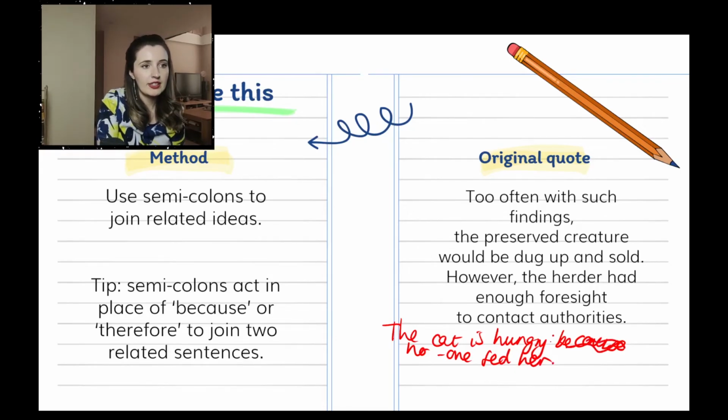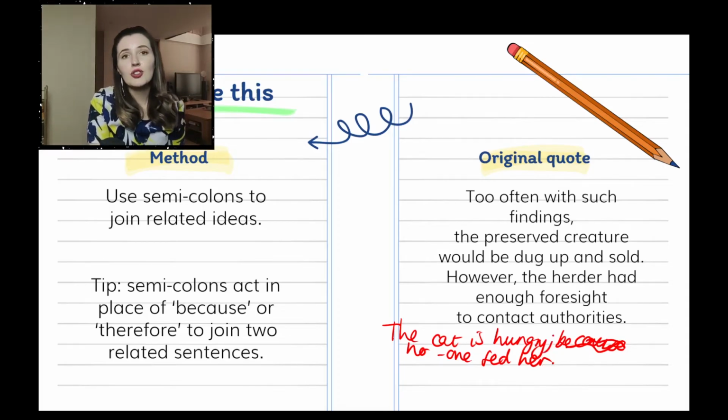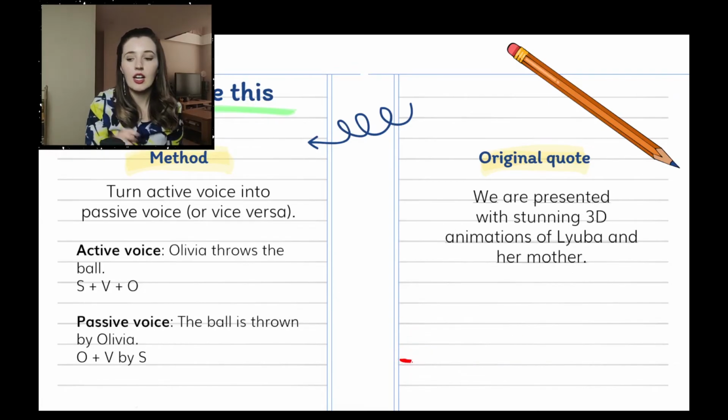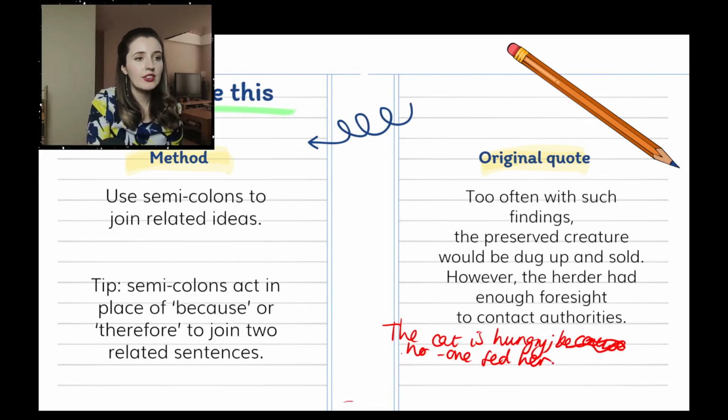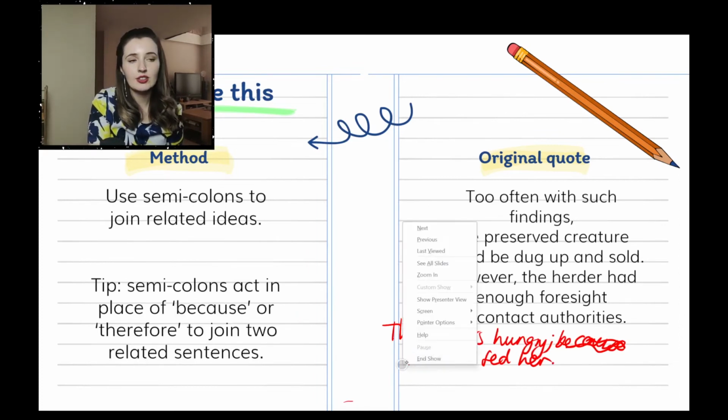And in its place put a semicolon. So that joins together those 2 related sentences. And do just notice that when you join together 2 sentences with a semicolon, because you're turning it into 1 sentence, it does not need a capital letter, right? So no capital letter here.